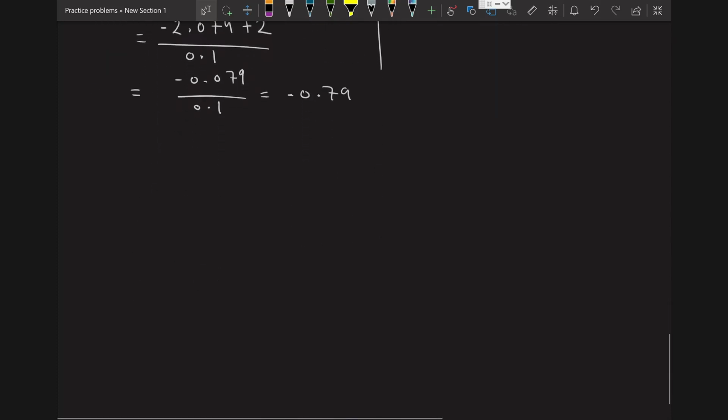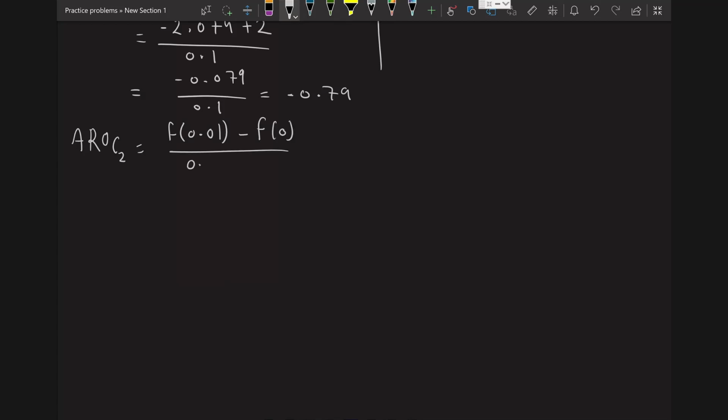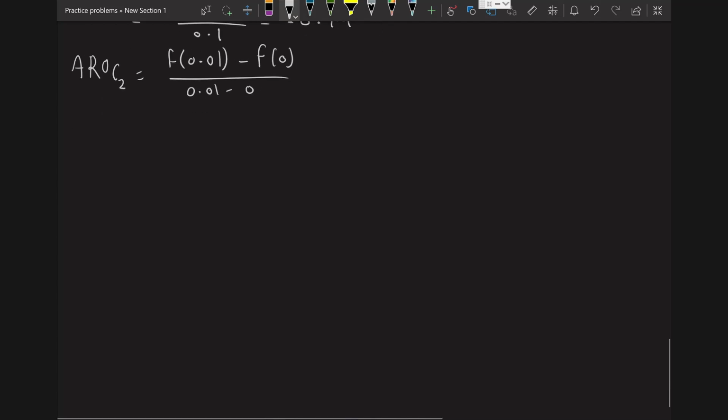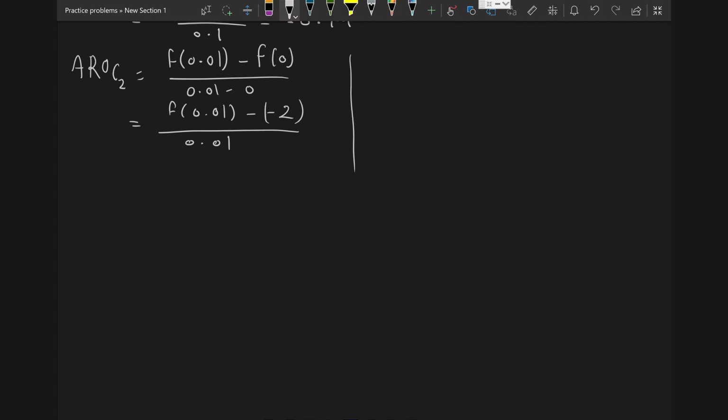So again, we're just going to do AROC 2, which is equal to f of 0.01 minus f of 0 over 0.01 minus 0, which is equal to f of 0.01 minus negative 2 over 0.01. On the side here, f of 0.01, let me put it on the calculator. That's negative 2.01.